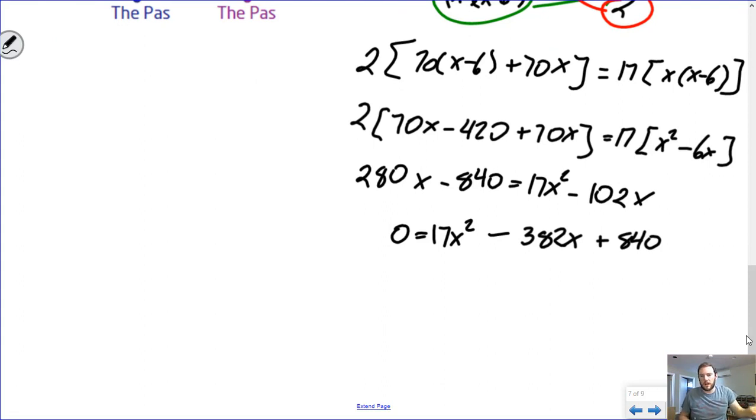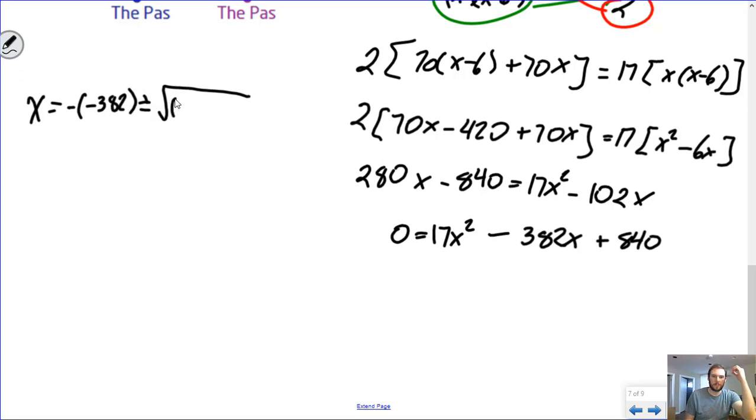So now I would probably use my quadratic formula in order to solve for x, right? So x is going to be equal to negative b plus or minus the square root of b squared minus 4ac all over 2a.